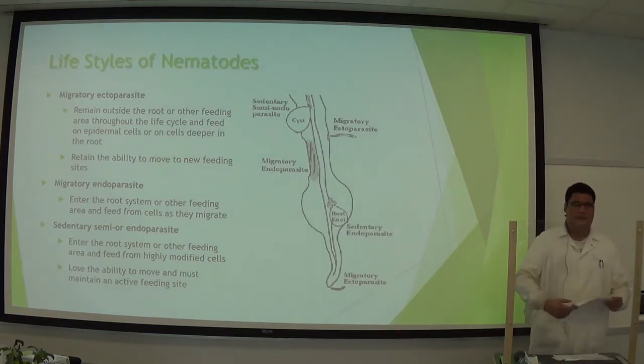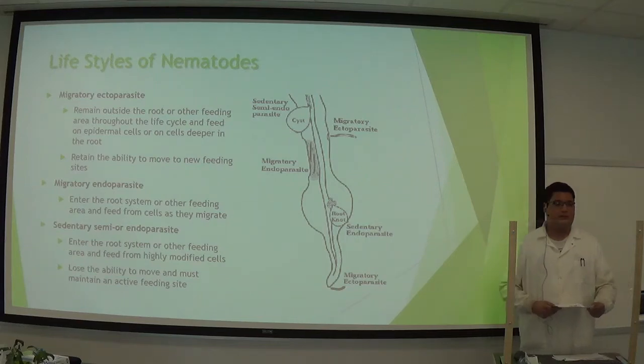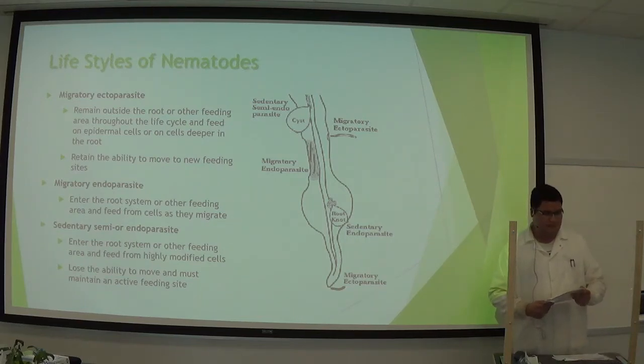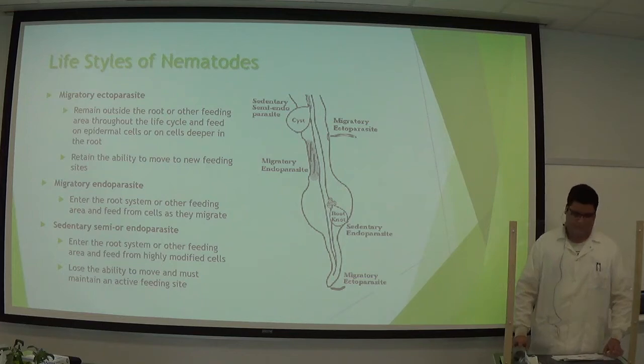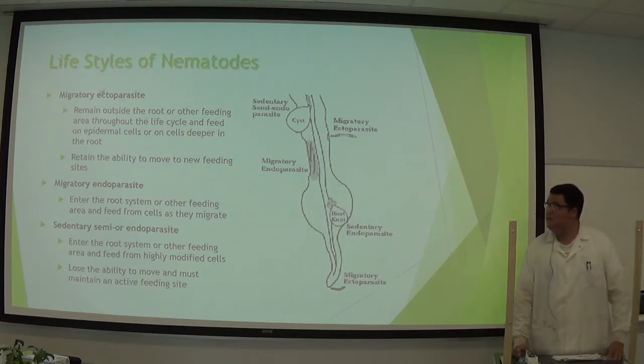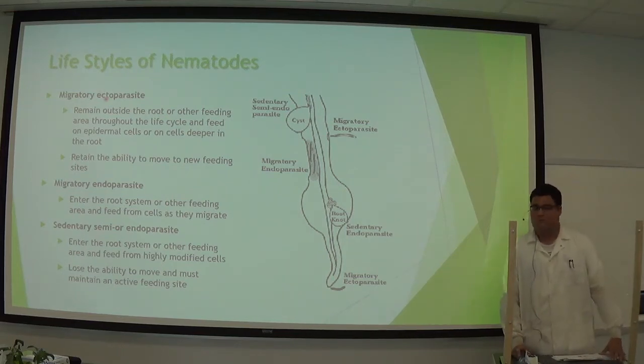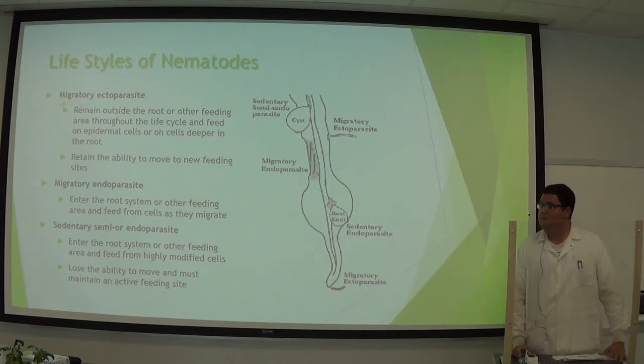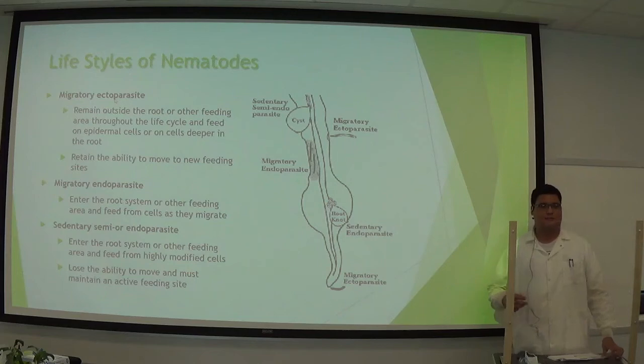There are also different types of nematodes in terms of their lifestyle. You've got migratory ectoparasites. What does ecto mean? Outside, right. So migratory means it moves around, and ecto means it doesn't burrow into the roots themselves.